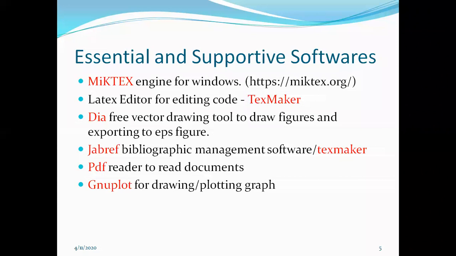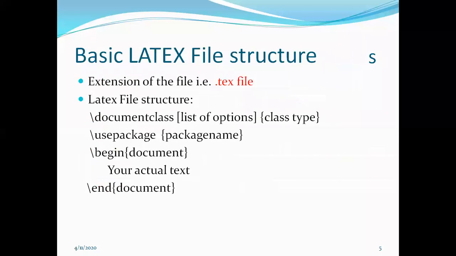You can also use TeXmaker, which I have already shown. A PDF reader to read the PDF document. The output from LaTeX is in PDF form, right? So a PDF reader is required. GNU plot is required in case you want to draw charts and graphs. So these are the essential and supportive software required for LaTeX.